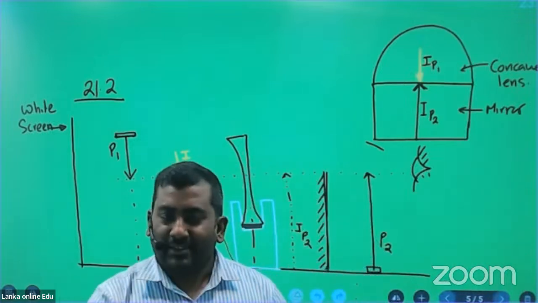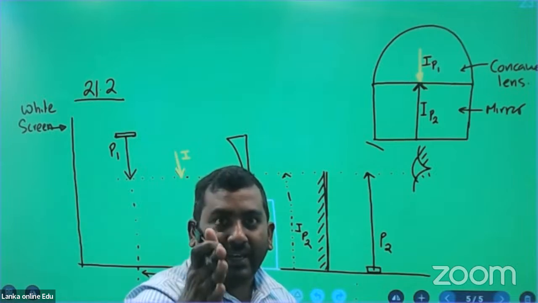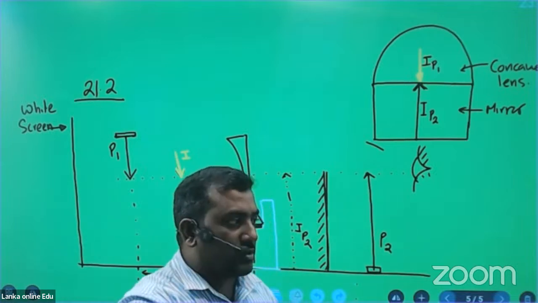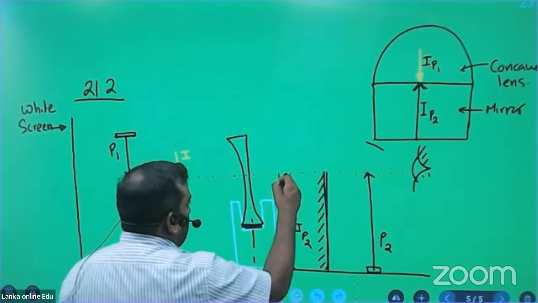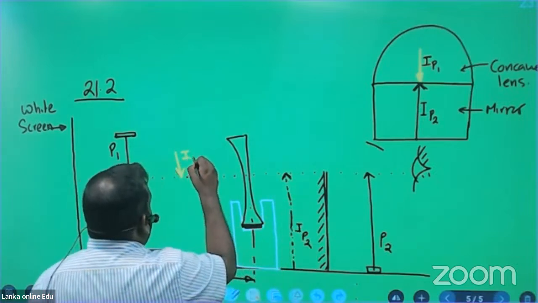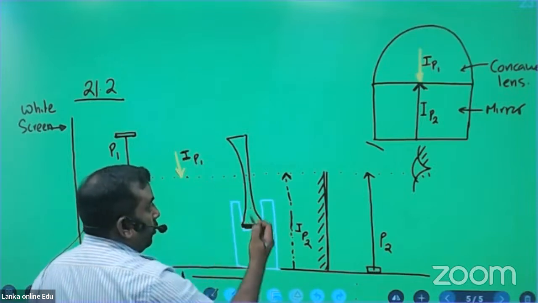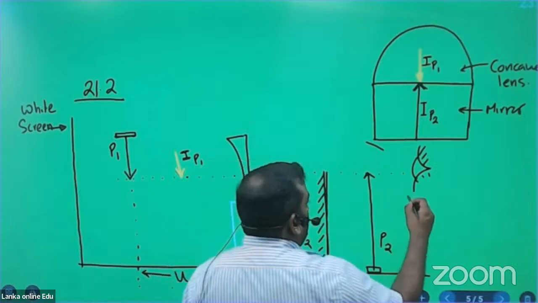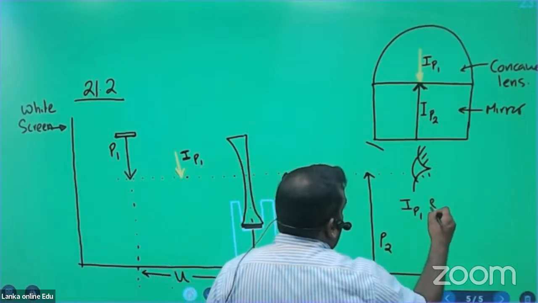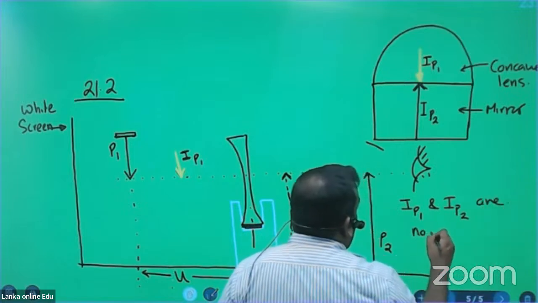Right? That's the rule. If they are not coinciding, when I move the eye in the lateral direction, there should be a relative motion. So this is the image of P2. That's the image of P1. Are they coinciding? No. So IP1 and IP2 are not coinciding.